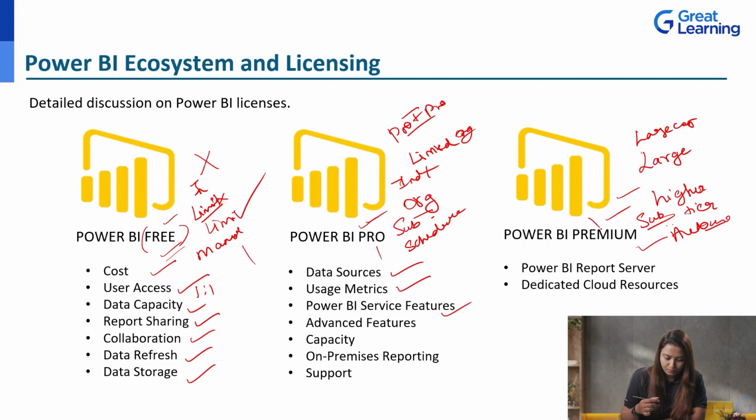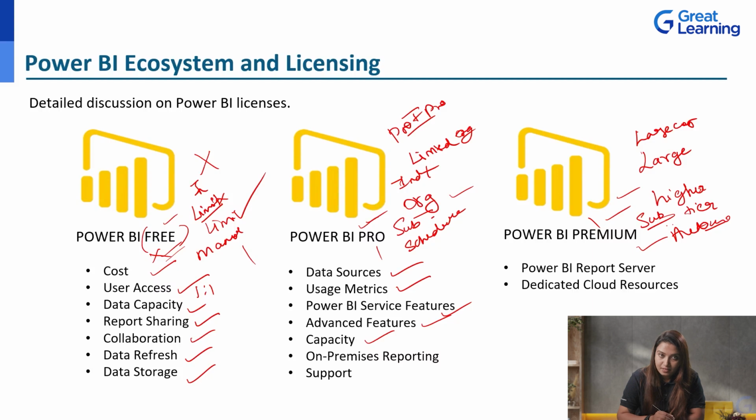Okay. Now, let's talk about the advanced features. What are the advanced features available? In free, you don't have any advanced features. When it comes to Pro, you have a little bit of advanced features. And when it comes to Premium, you have advanced features like paginated reports, AI capabilities, etc. What about the capacity? We have to see the capacity.